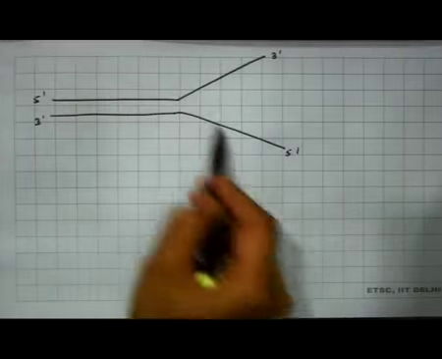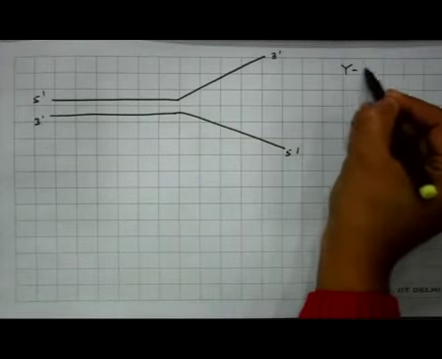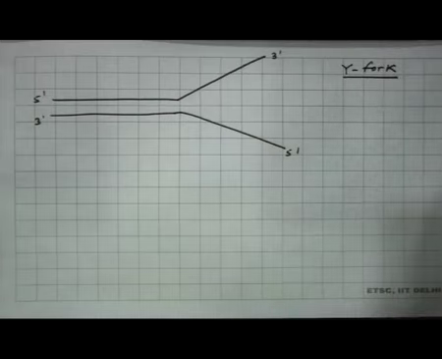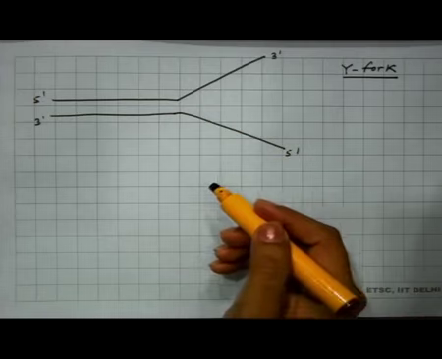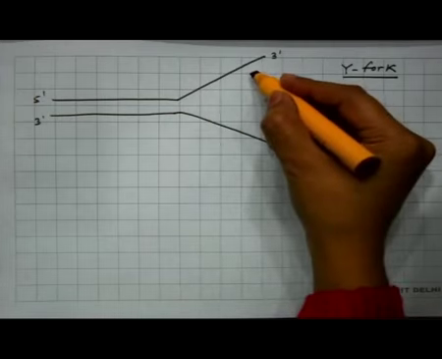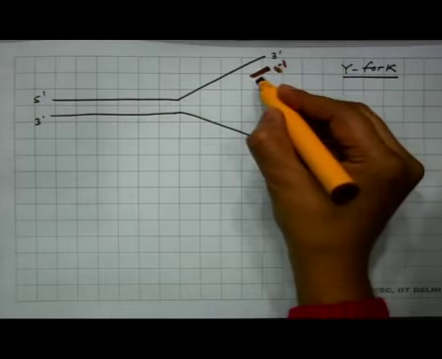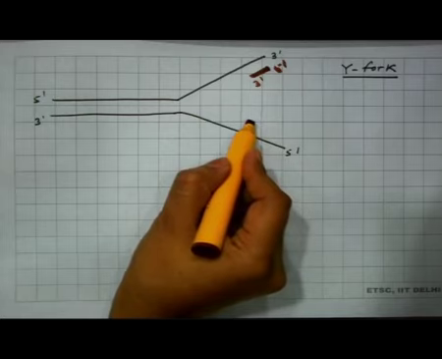This separated strand appears like a Y, and that is why it is called the Y fork. And on both of these separated strands, which we call templates, the primer will get attached. Suppose this is a primer, 5' end and 3' end. Here also the primer will get attached.